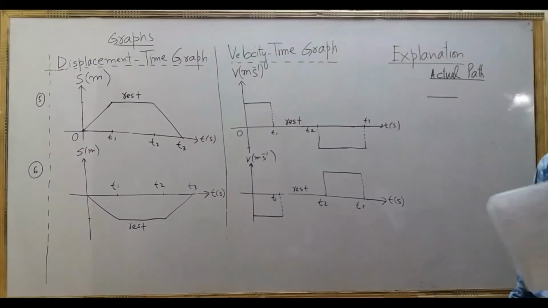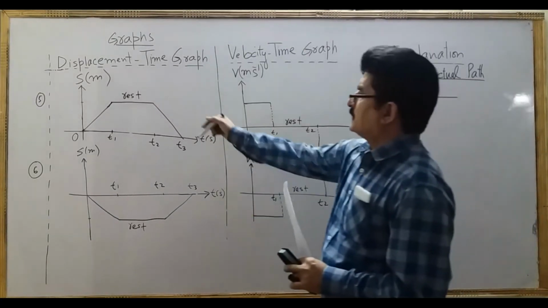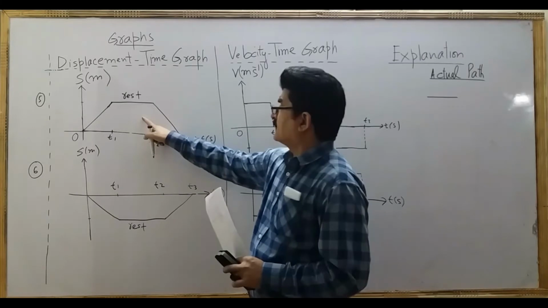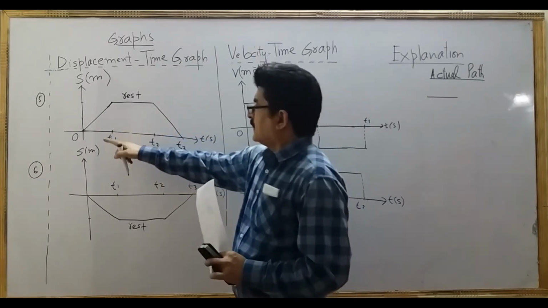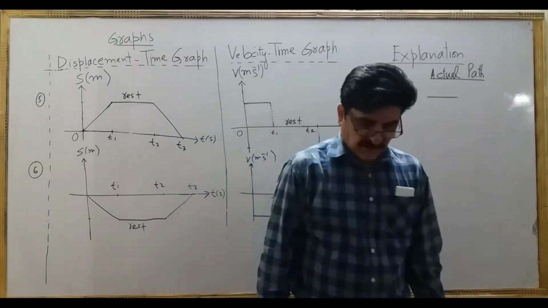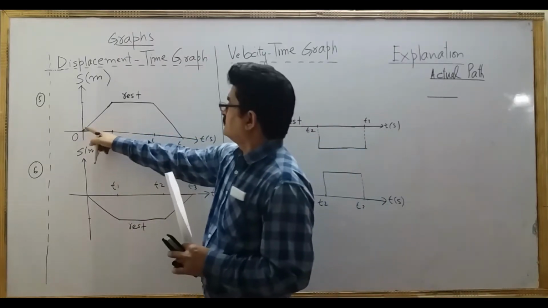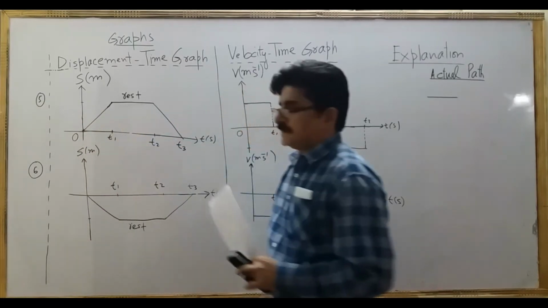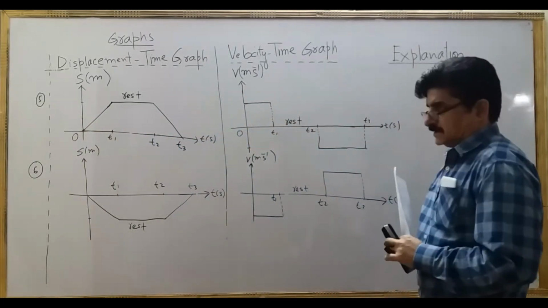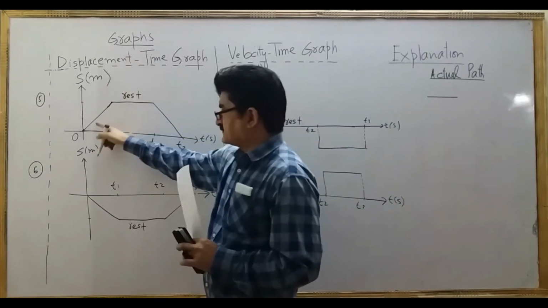Now we have graph number 5. See the situation. This is the displacement time graph. At time 0 the particle is at rest. Then the graph is straight, which means it moves with constant velocity. The displacement time graph is straight.